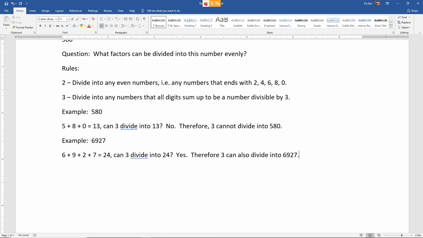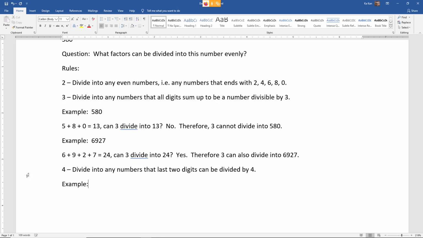So now let's try the next number. The next guy is 4. 4 is a number that can divide into any number whose last 2 digits can be divided by 4. So what do I mean by that?